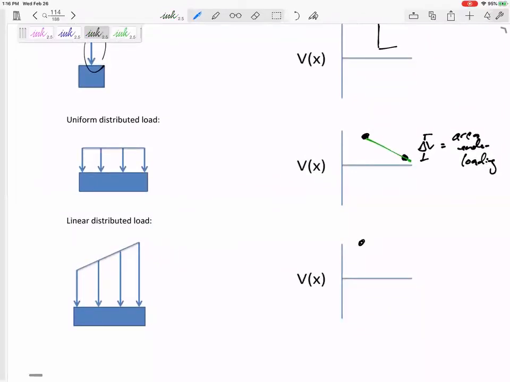Okay, how about this next one? How about we're going from one magnitude to another magnitude? If I started at whatever point I start at, I'm walking along here and I encounter this distributed load. Well, I know that from here to here, it would push me down the area under the loading. So whatever that area is, it's a trapezoid.